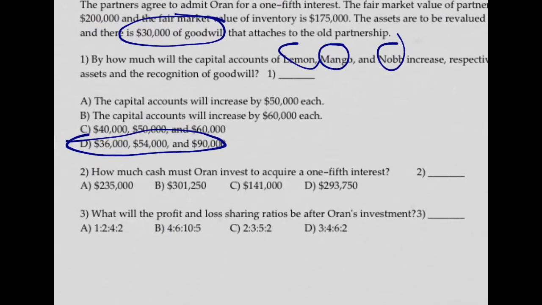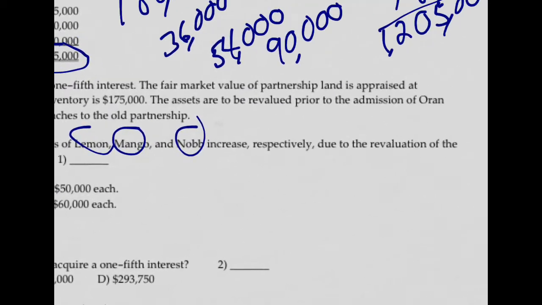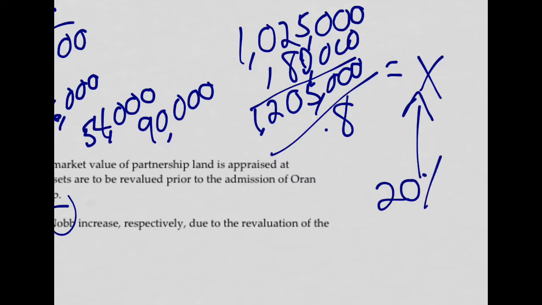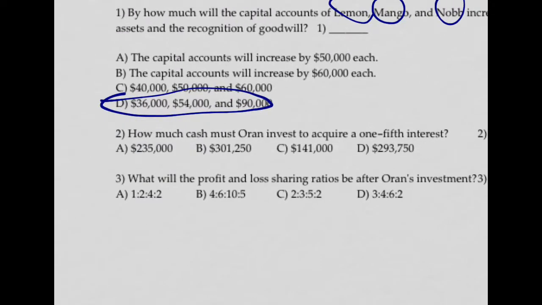Oren wants to be a 1/5 interest, so that means the existing partners would be worth 80%. 80% of that will give you an implied value of some number. 20% of that will be Oren's share, and of the choices here, it's going to turn out to be this number, 301,250 at the end of the day. And you can do the math to figure it out, and that's what it'll be.